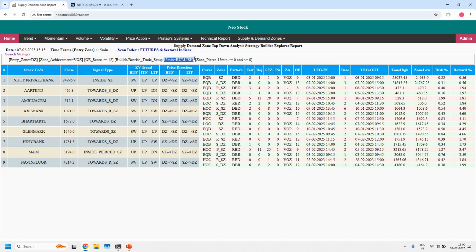What is the next filter? Pierced zone filter on the 15 minutes should be greater than or equal to 0, less than or equal to 0, and this filter should be applied to the 15 minutes entry zone, demand zone. So by applying all these filters, we got 9 stocks.